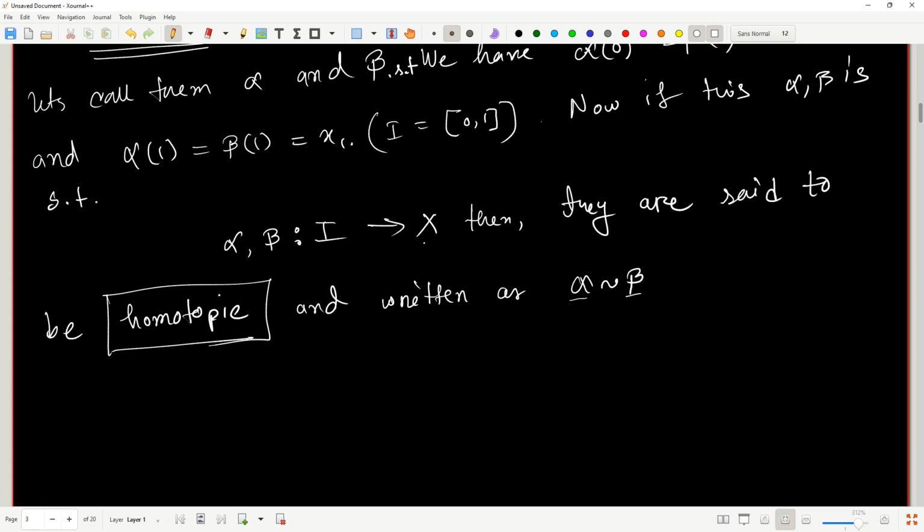So if this condition is satisfied, then they're said to be homotopic and written as this if there exists, let me use the there exists symbol. If you don't know it, it means there exists. It's a shorthand notation.